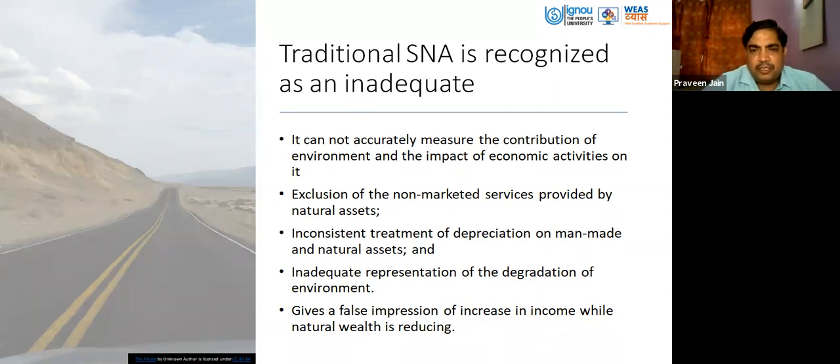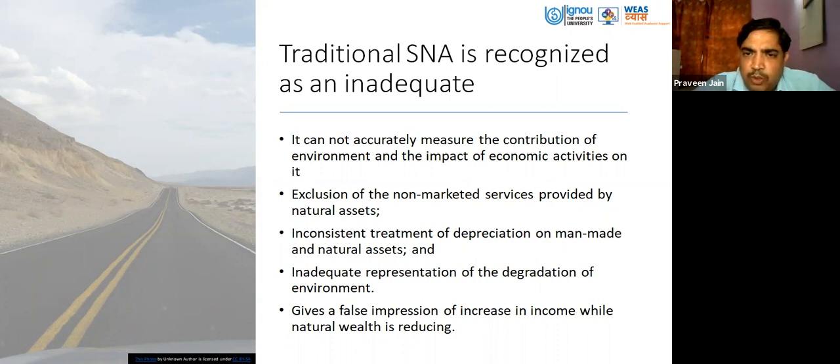The traditional method does not have any procedures or system to measure the contribution of the environment, or the impact of economic activity, like industrialization, on the environment. So there is no accurate measure available in the traditional system of national accounting.